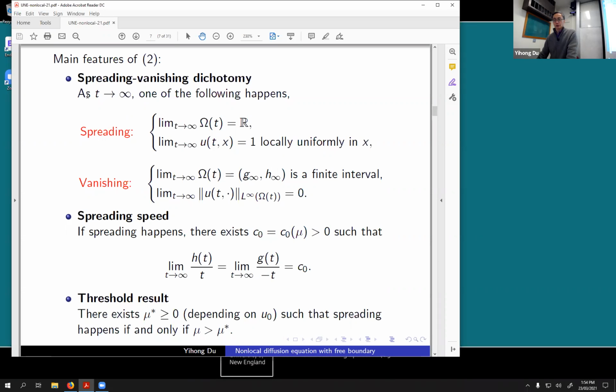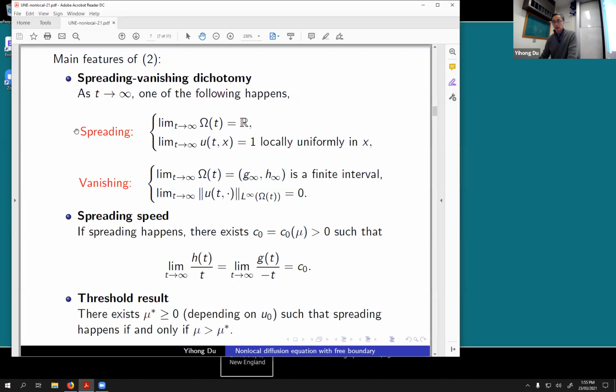Now, the long-term behavior for this modified model is described by this. Firstly, we proved it's well-posed. We have a unique solution defined for all time. And then the next thing is, we want to know, when t goes to infinity, what's the long-term behavior of the solution. Well, we have this spreading-vanishing dichotomy. So either the population range, the interval, converges to the entire R, and the population density converges to 1.